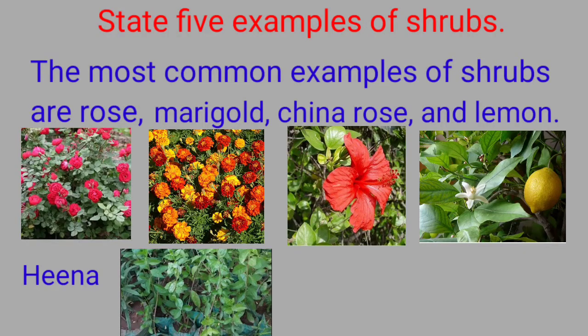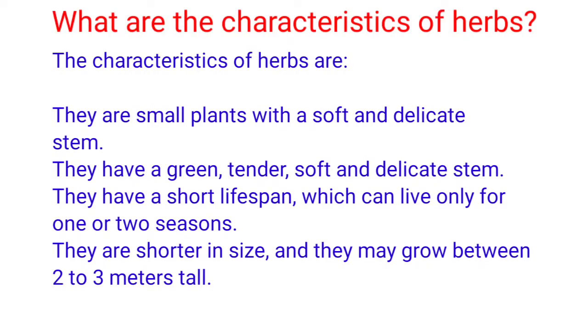State 5 examples of shrubs. The most common examples of shrubs are rose, marigold, China rose, lemon, and henna. What are the characteristics of herbs? The characteristics of herbs are they are small plants with soft and delicate stems.